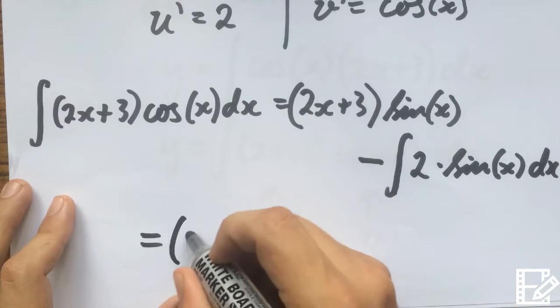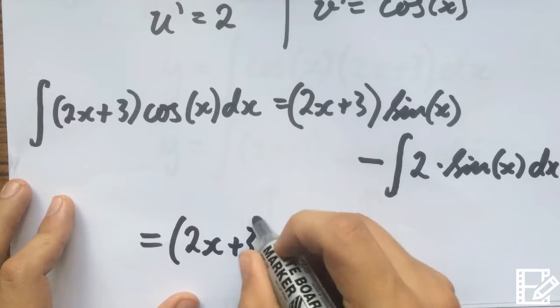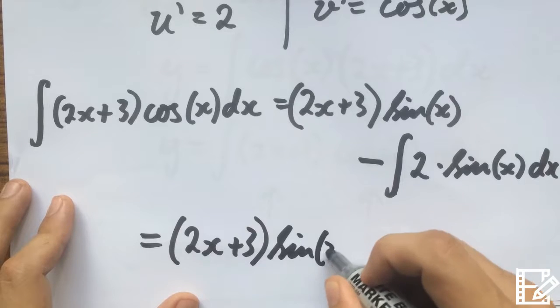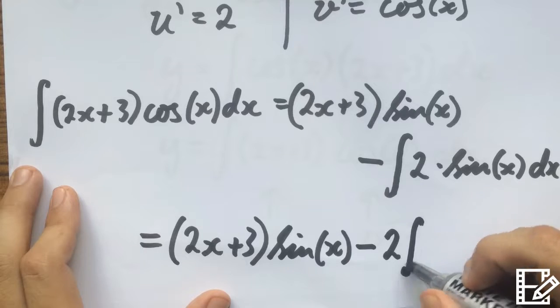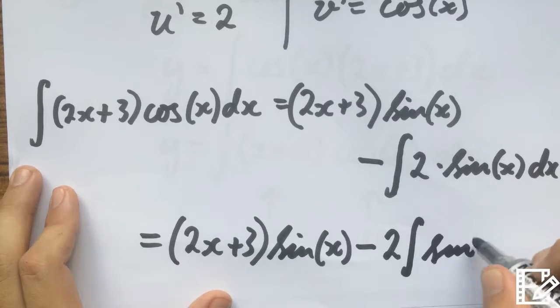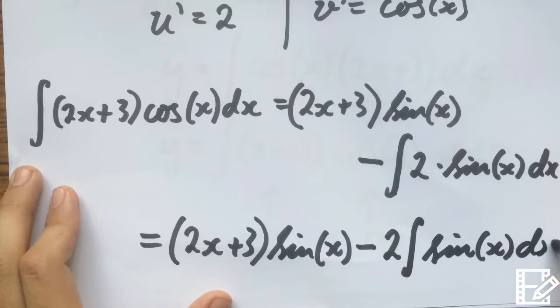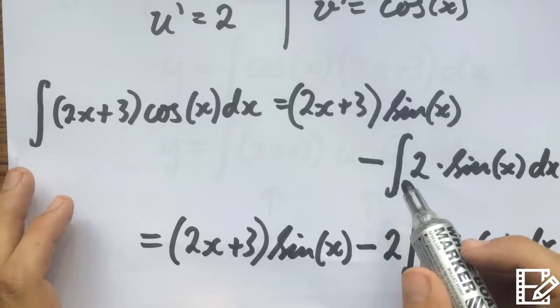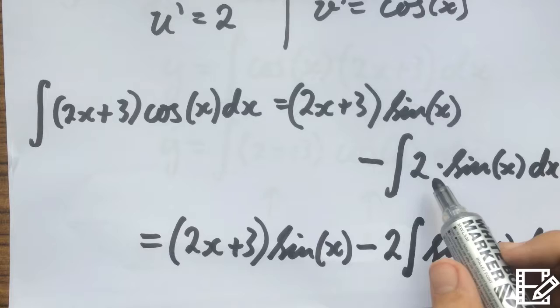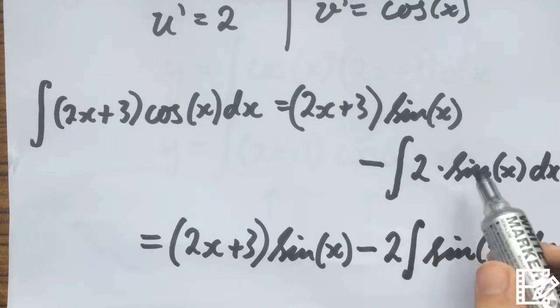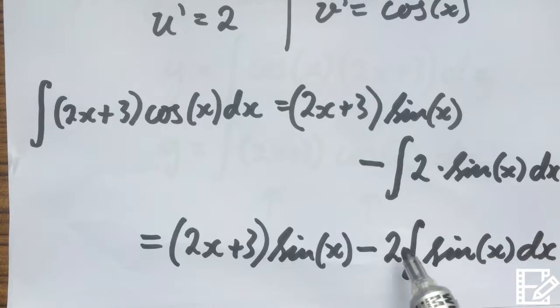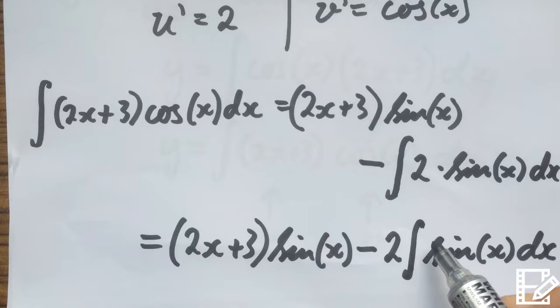So I'll just rewrite this half: (2x + 3) sine x, subtract 2 integral of sine x dx. See what I did there? There's a rule that says we can do that. The constant's still multiplied onto this, we'll multiply it later, but the rule states that we bring the constant out in front.